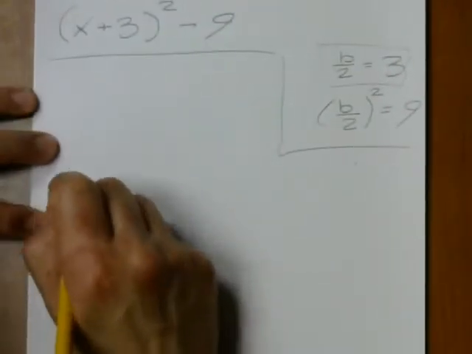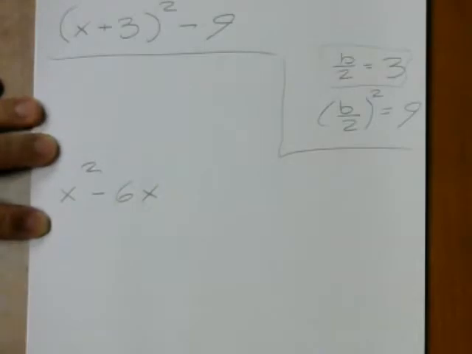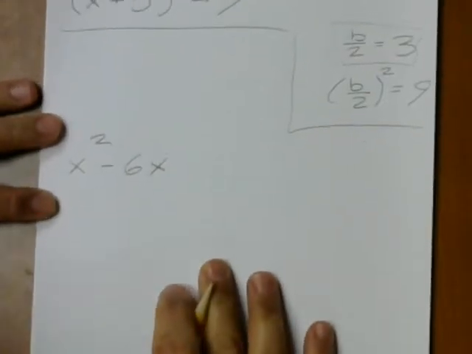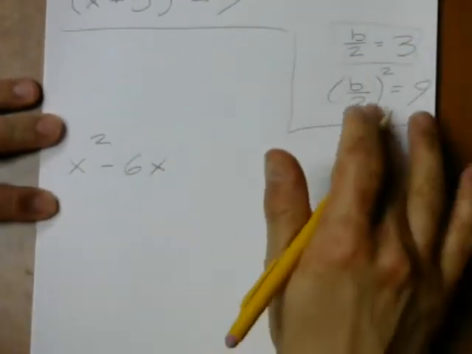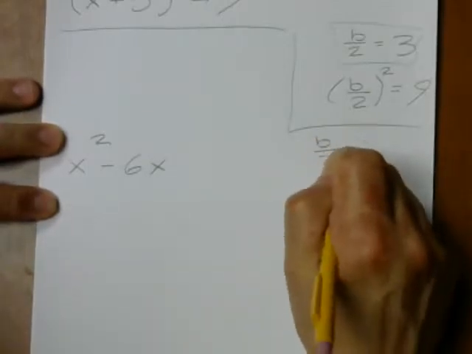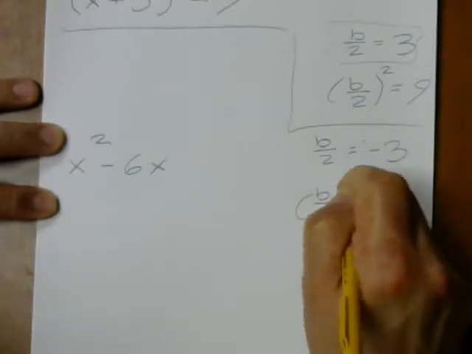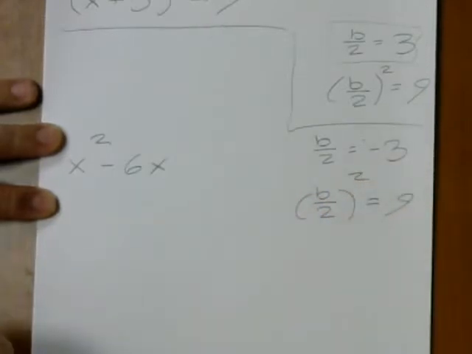Suppose I had x squared minus 6x, and I wanted to try this technique. Well, I add and subtract b over 2 squared. Here, b over 2 is negative 3. And b over 2 squared is 9.